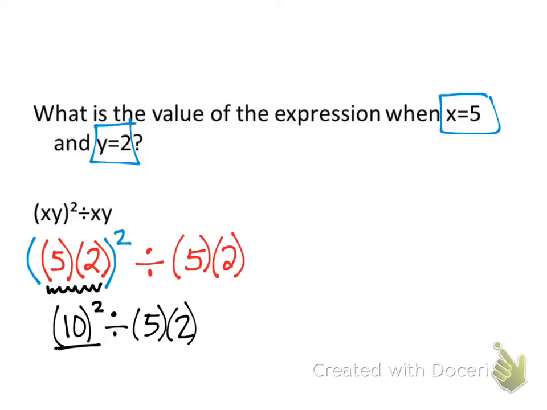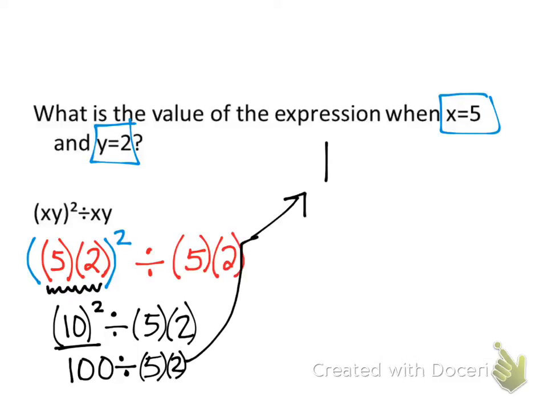What is 10 times 10? 100 divided by 5 times the 2. Did someone say they can't see? Am I writing too low? All right, I'll write up here, see if that helps. So the step we're on right now is 100 divided by 5 times 2.